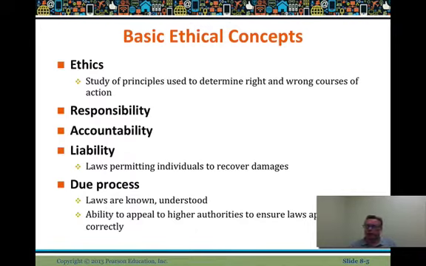And then there's the due process or governing portion. Laws, if the laws are understood, if they need to be clarified, if new laws need to be put in place, and the ability to appeal to higher authorities to ensure laws are applied correctly, laws at a local level, national level, global level.